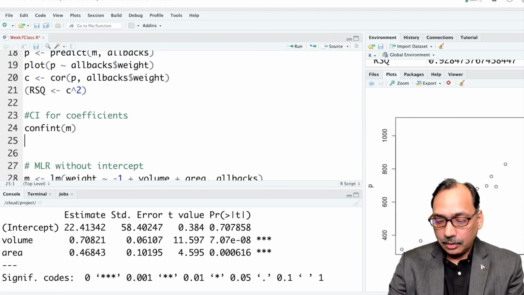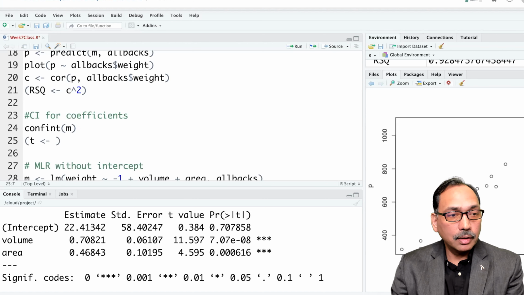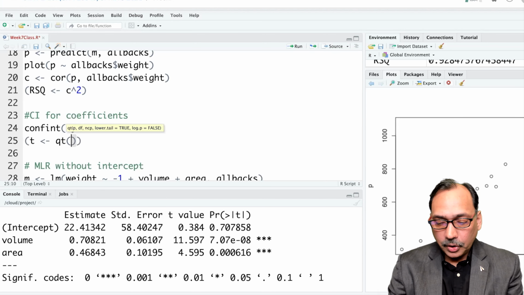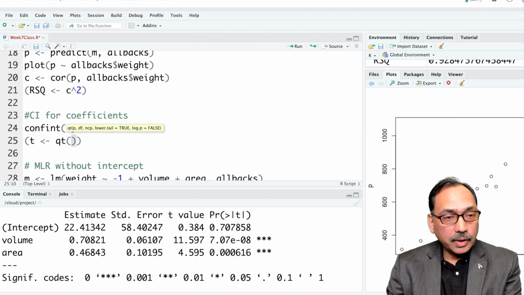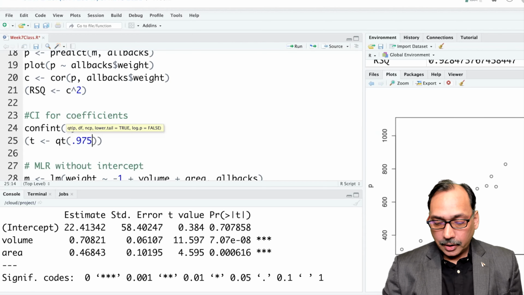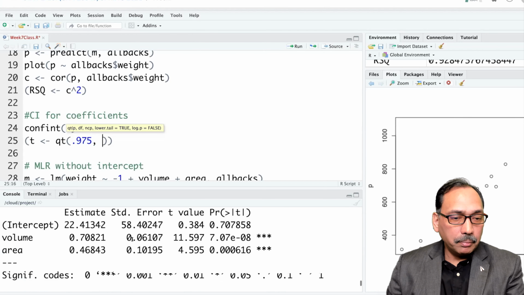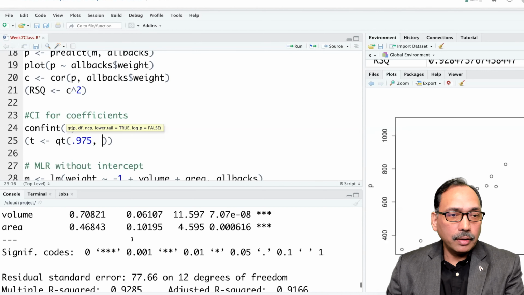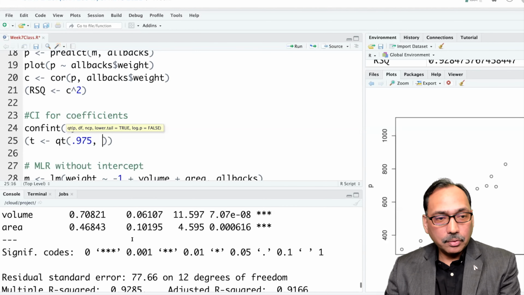Okay, let me use that trick. Parenthesis T and QT. For 95% confidence, the probability I'm using is 0.975. Degrees of freedom for the error is 12, so I put that 12.